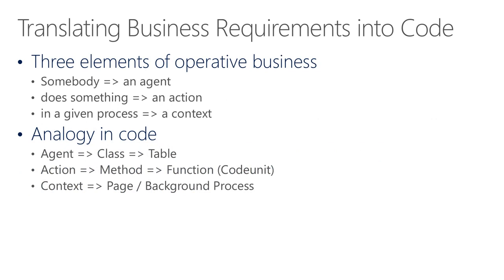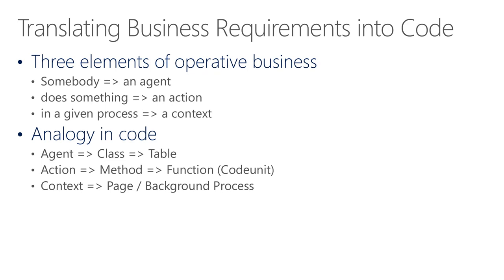There is a standardized approach to translating any business requirement into code. Any business requirement can always be assigned to three elements. Somebody always does something within a given process. So when we come upon a business requirement, we always need to ask ourselves these questions first.